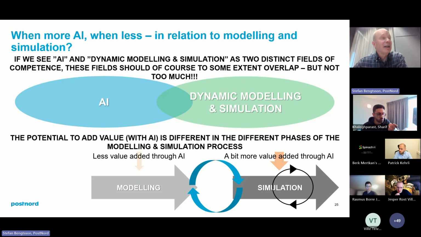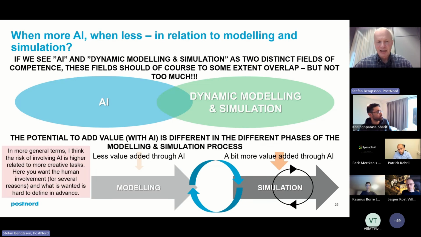I could accept that AI has more potential to add value in conducting good simulation experiments, to iteratively use a simulation model to reach conclusions. So from my point of view, less value can be added in the modeling phase, more value can be added in the simulation phase. And I think this has to do with that it's in the modeling phase we have the creative phase of modeling and simulation.